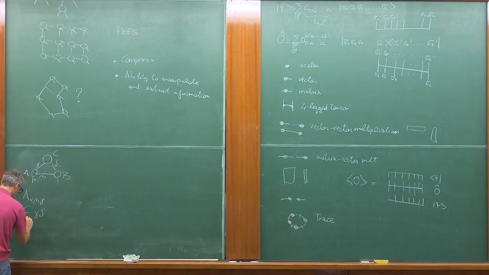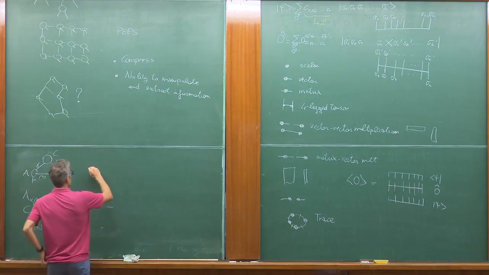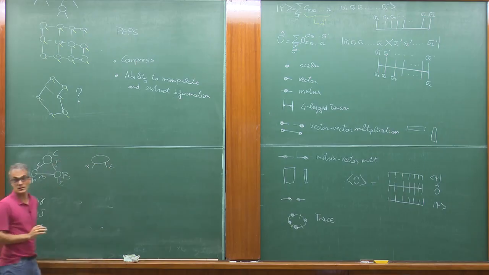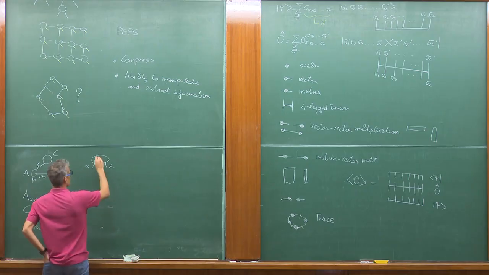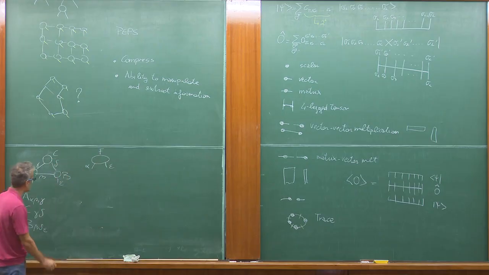And then B has beta, delta, and another leg we call epsilon. Now when we multiply all of these things together, you will get an object with legs alpha and epsilon. This is the only thing that comes out. Let's call this thing F, the final one.